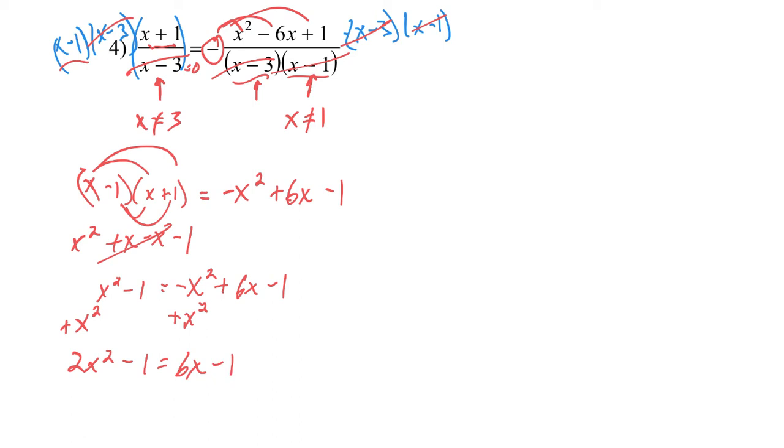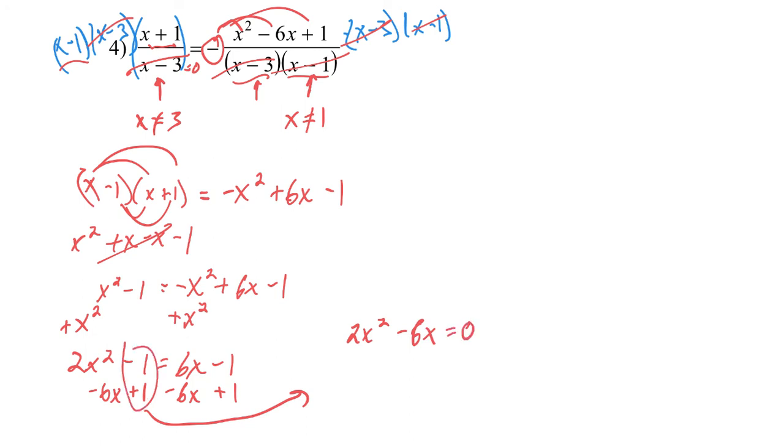And then since our x squared did not cancel out, we need to move everything over to get our equation equal to 0. So if I subtract the 6x and add the 1, what's that going to give us? I'm going to write it over here. So I'm going to have 2x squared and then minus 6x, and the minus 1 plus 1 will cancel each other out there.